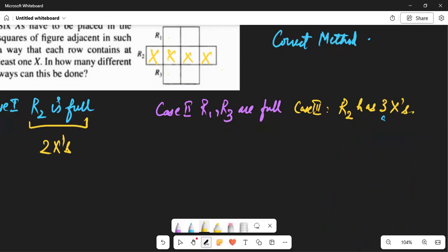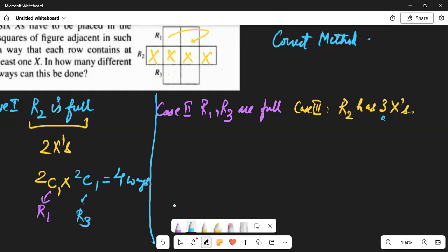That means out of 2 from R1, you have to select 1, and for R3 also, you have to select 1. So this gives you 4 ways. So the first case gives you 4 ways.